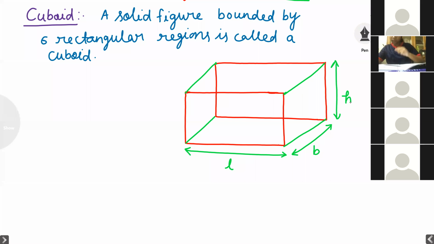You are observing, students, in this figure, how many rectangles are there? There are six rectangular regions: one front, second is back, two, left, right, four, up and down, six.